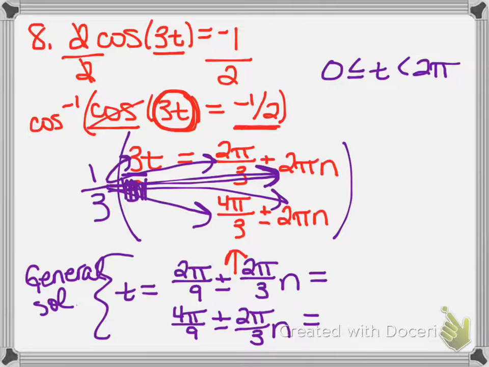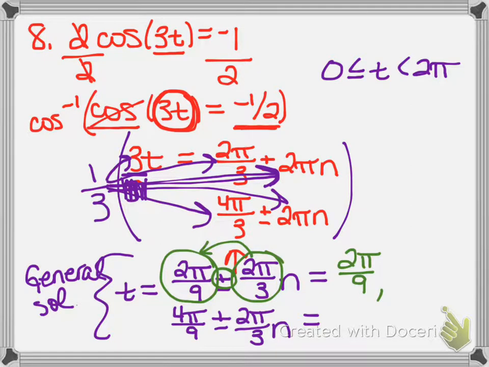Let me go ahead and switch colors again. I'm going to start with this answer. So 2 pi ninths is my first answer. And then I'm going to add this to it to generate my next answer from that pattern. In order to do that, I need these two fractions to have a common denominator. So I'm going to turn this fraction right here into 6 pi over 9.